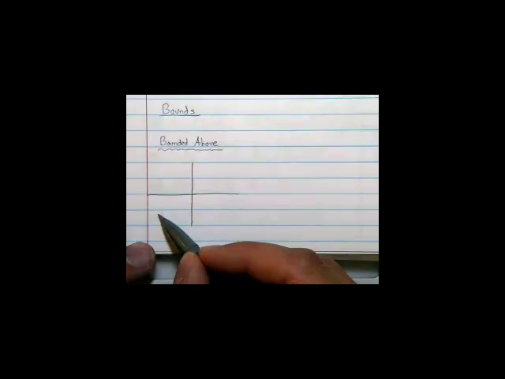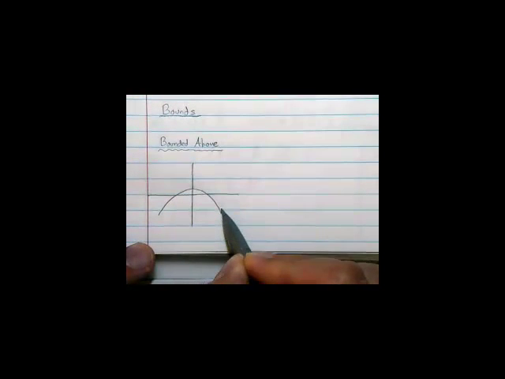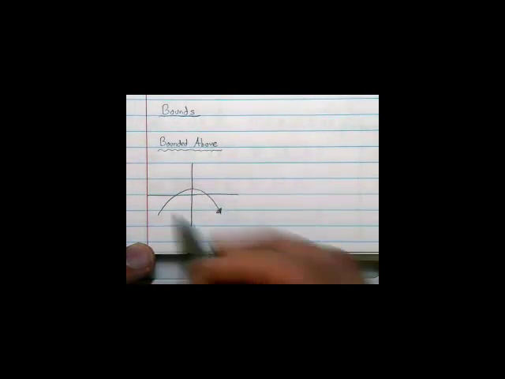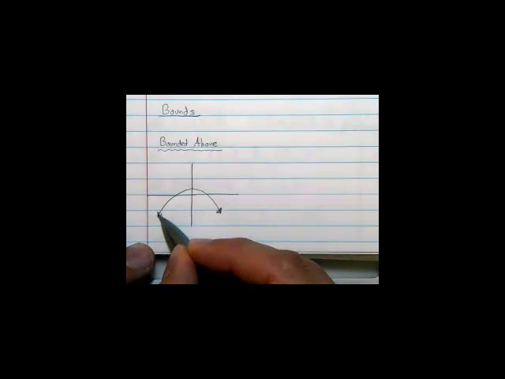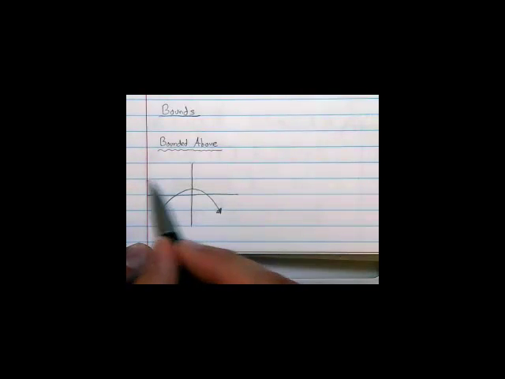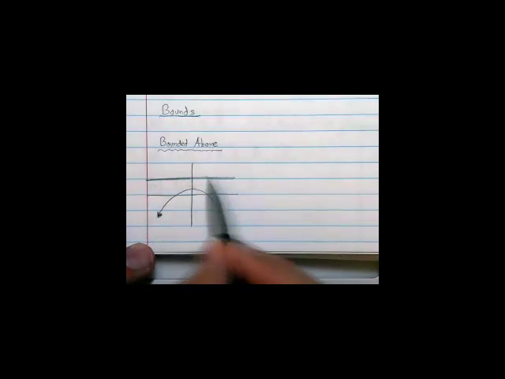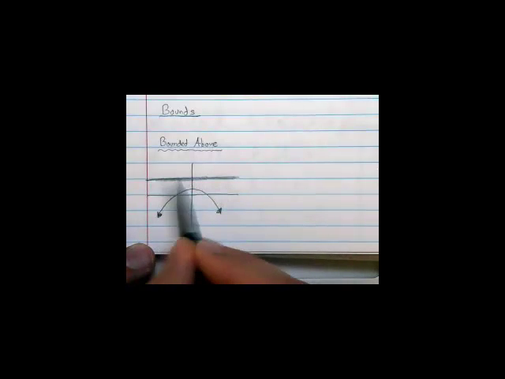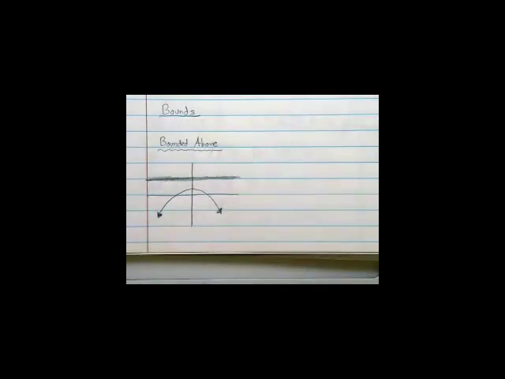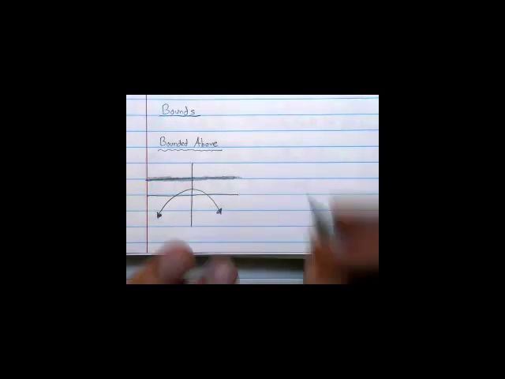So if I had a function that looked kind of like this, like a parabola opening down, if I draw some line above the function that it never crosses, above the function, we say it's bounded above then. So that type of function would be bounded above.